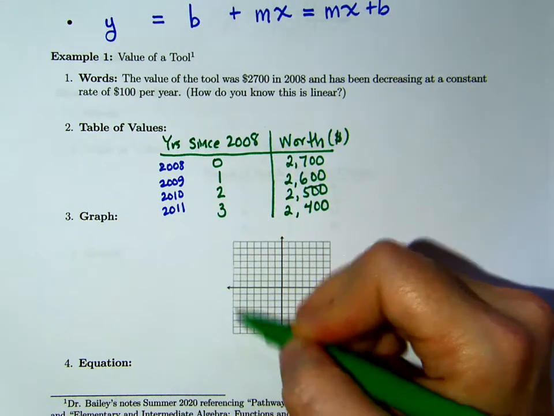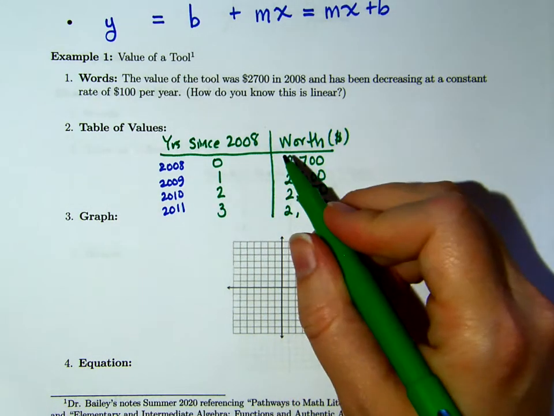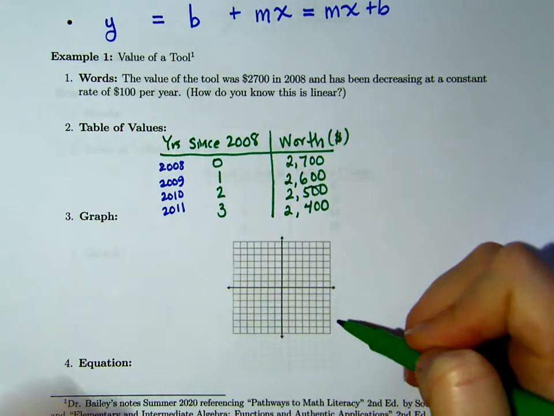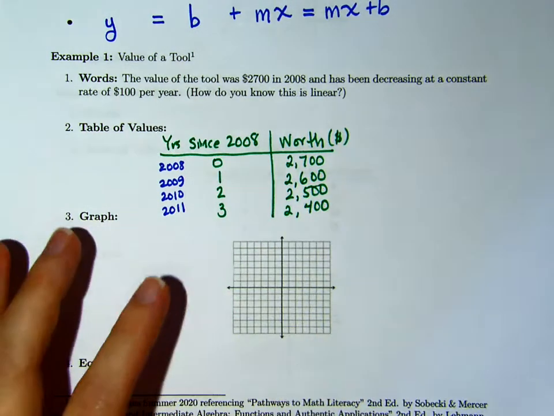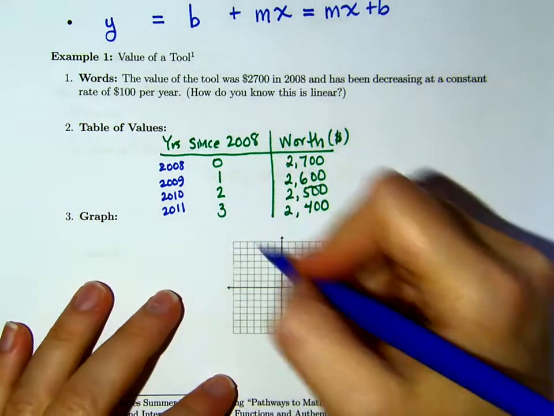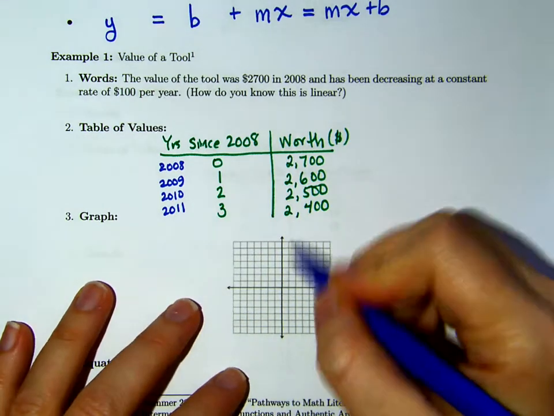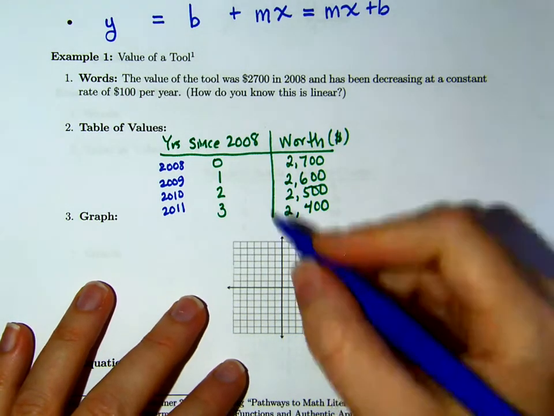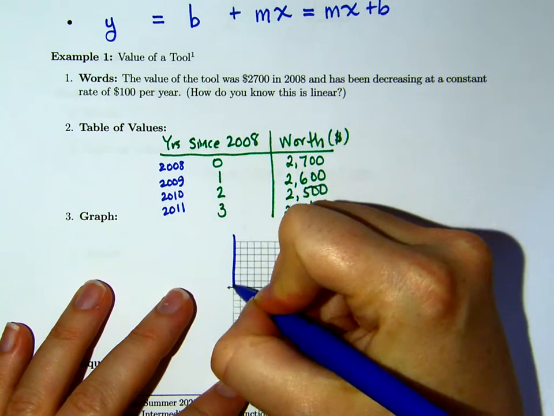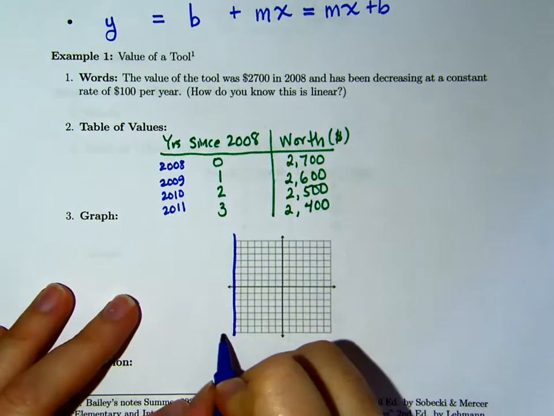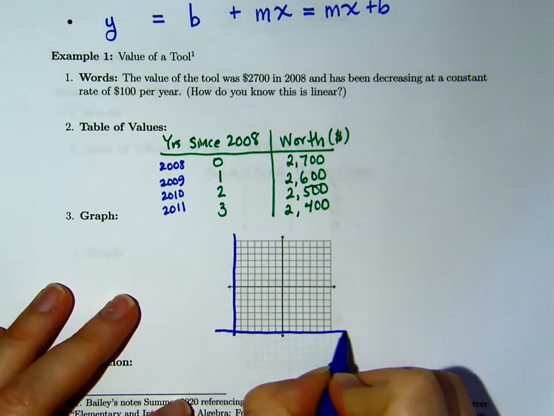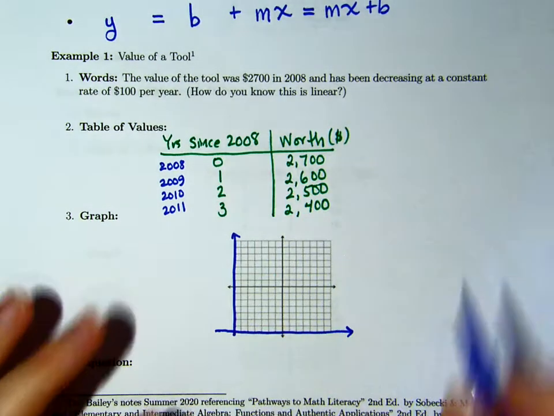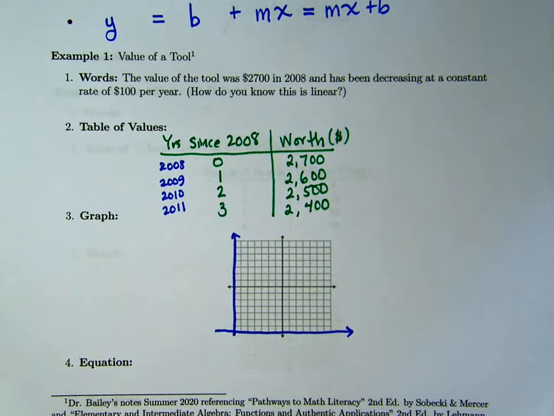But if we count by 200s, we get up to 2,800 if we move our scale. So I'm actually going to do that. Instead of having our axes centered, I'm going to have them moved so that we have more space to graph this line.